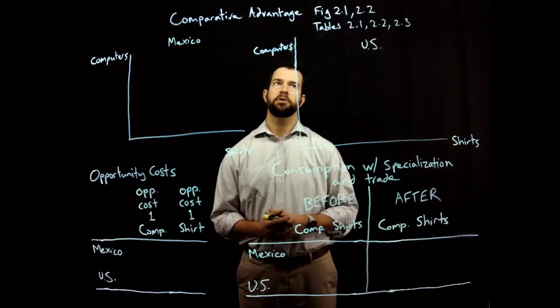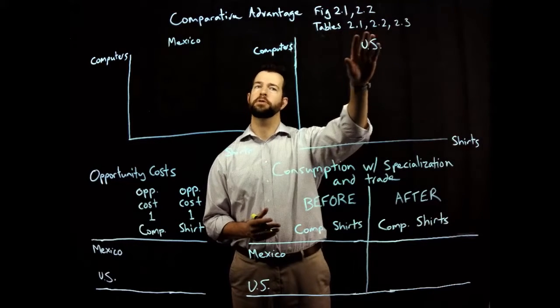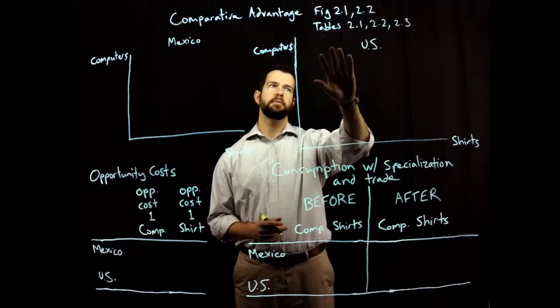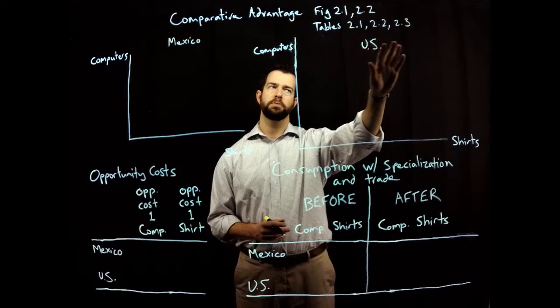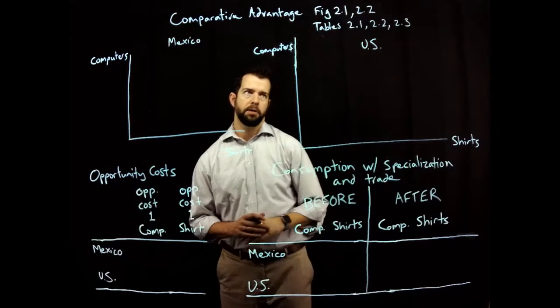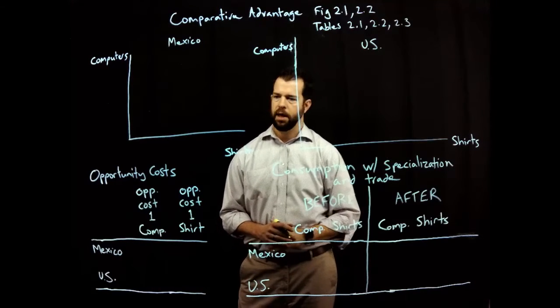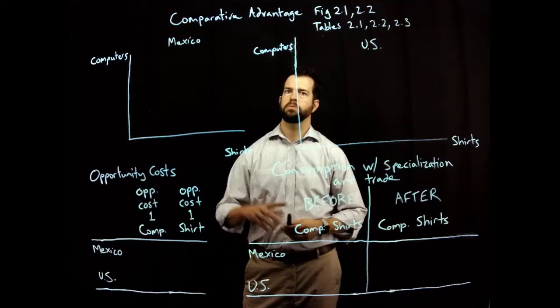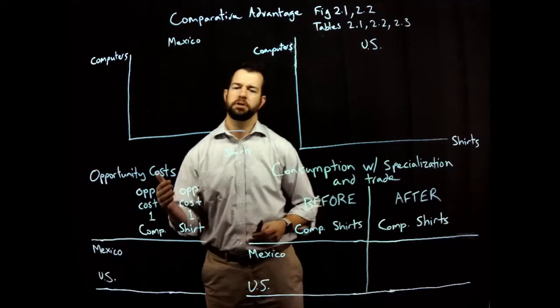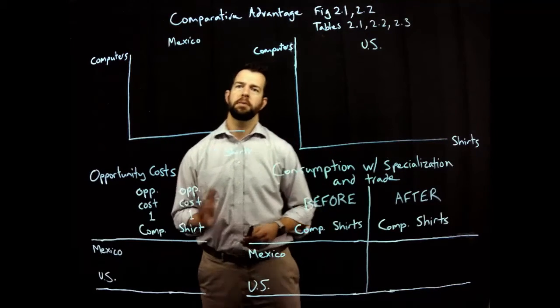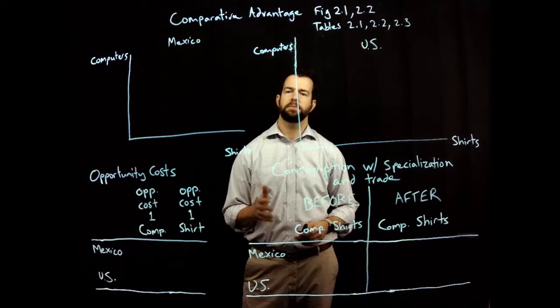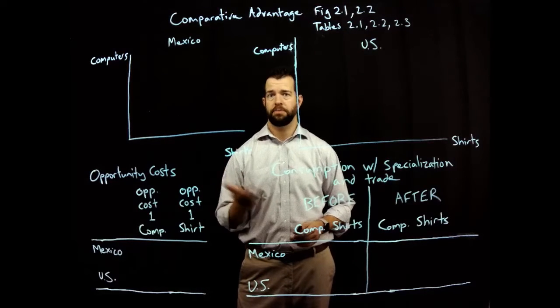I'm actually going to run you through figures 2.1, 2.2, and tables 2.1, 2.2, and 2.3. 2.2 and 2.3 I kind of put together. And so what I'm going to do is show the production possibilities frontier, which is similar to the ones that you've seen before, except these will be straight lines to keep things simple.